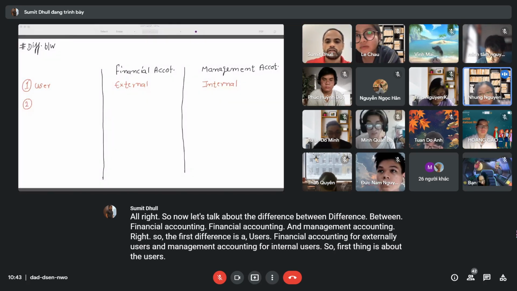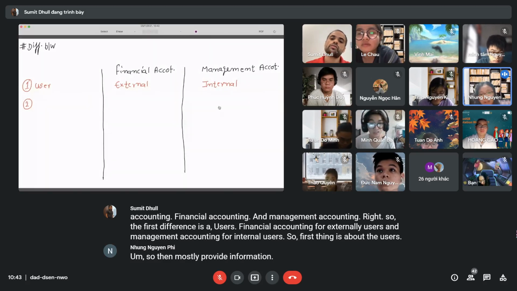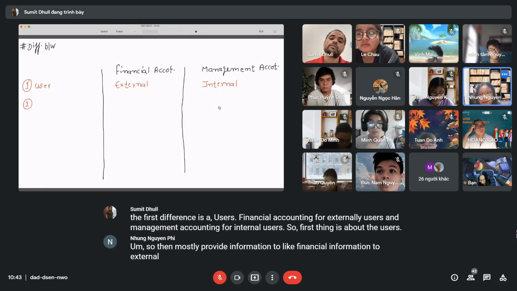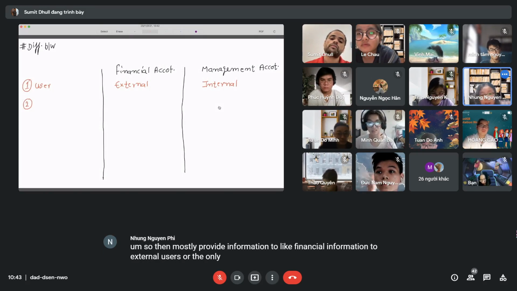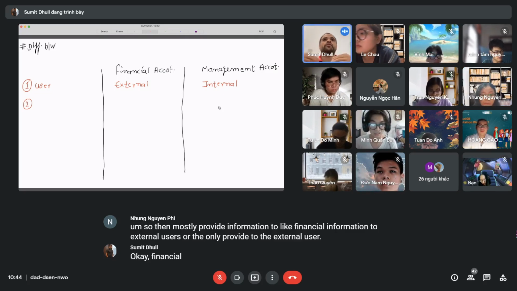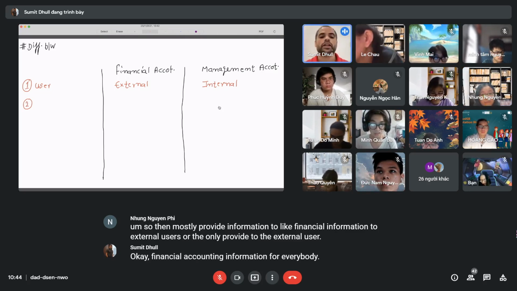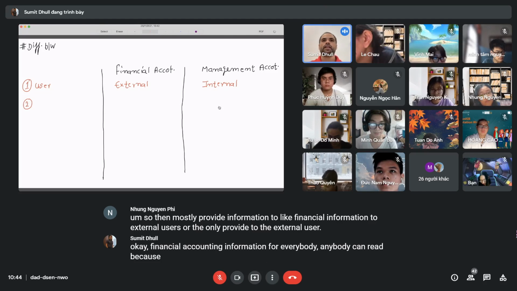So do they mostly provide financial information to external users, or only to the external user? Okay, financial accounting information is for everybody. Anybody can read it, because financial accounting prepares financial reports. We call it the balance sheet.